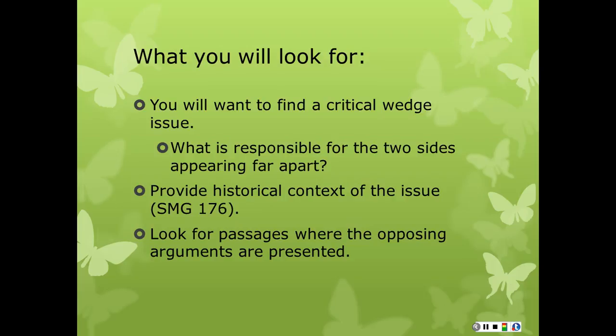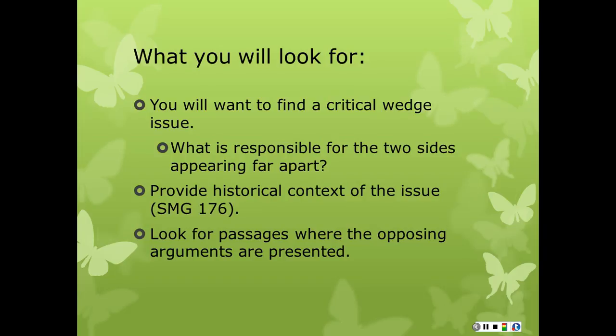Maybe a critical wedge issue is fashion. Maybe some people say, no, I want my kids to be able to wear what they want and express themselves, while opponents argue that fashion doesn't matter for kids. So you're going to look for a reason that both sides are not agreeing.